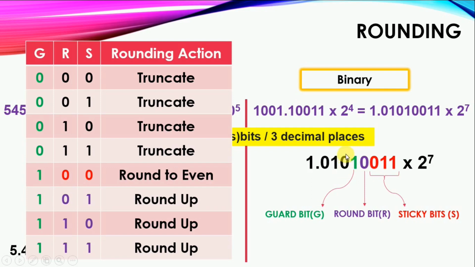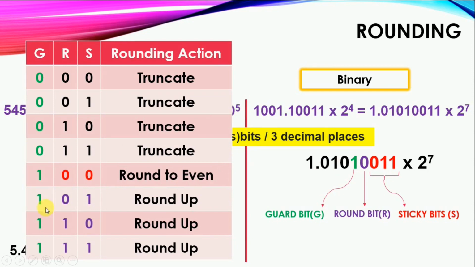If the LSB is 0, it is an even digit. If the LSB is logic 1, it is an odd digit. If it is odd, we have to round to even by adding a 1 at the LSB. If it is even, we just truncate it.